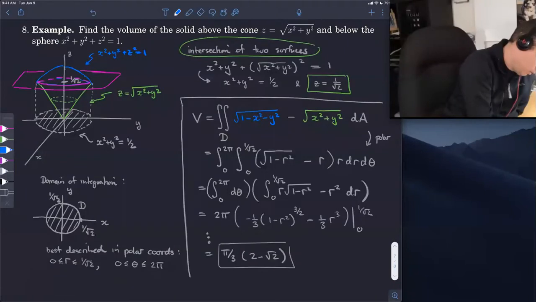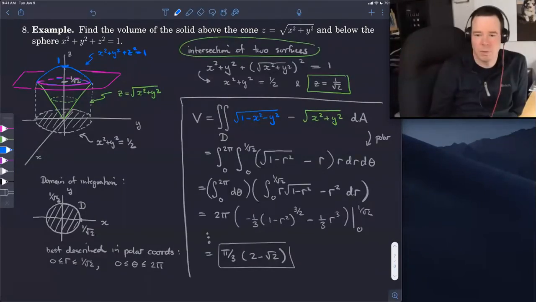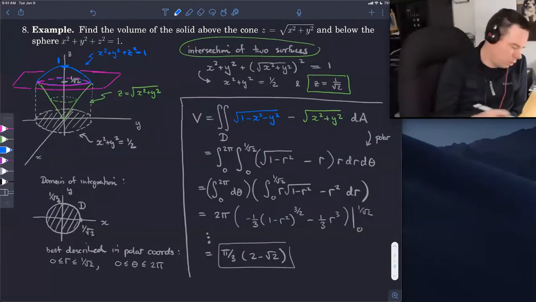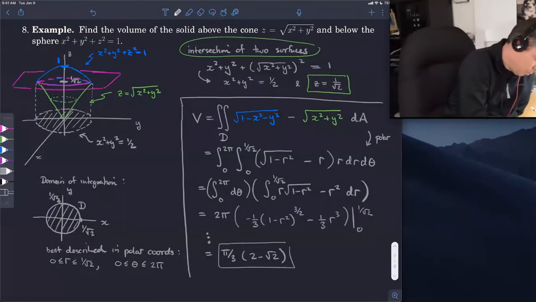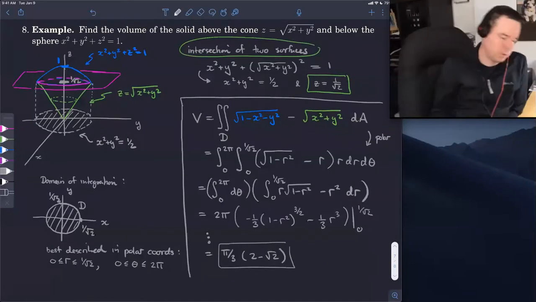And we know that the sphere is going to hit up here at a height of 1 because it's a sphere of radius 1. So the intersection of it with the cone is happening below that at 1 over root 2. And so it's happening down here somewhere at 1 over root 2. So we know the sphere's got to peak up above the cone.